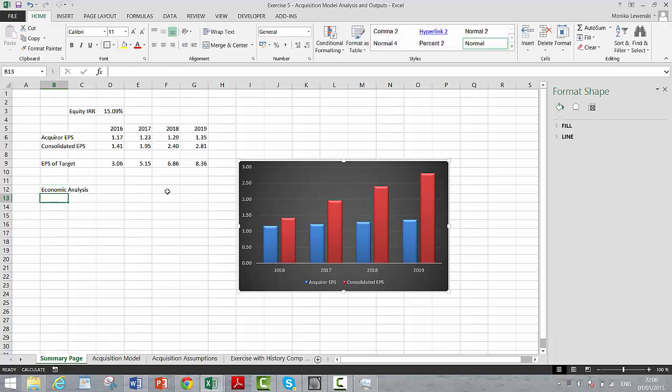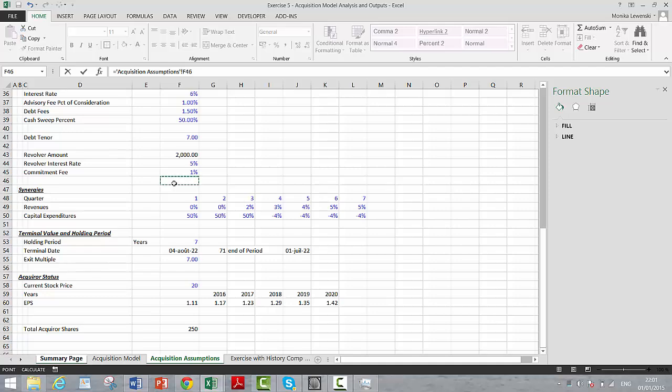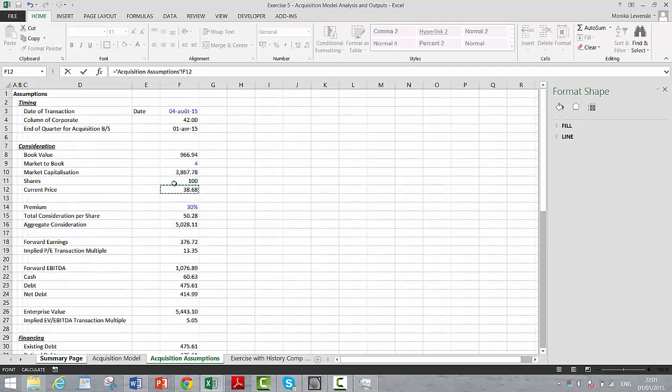And this is the basic theory that the premium should be less than the NPV of the synergies. And since the premium is computed on an after-tax basis, let's get the premium. The synergies also must be computed on an after-tax basis.